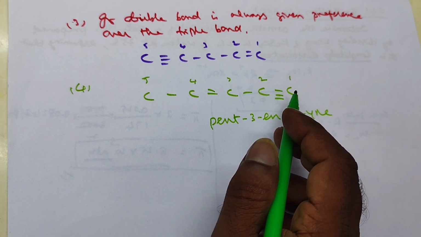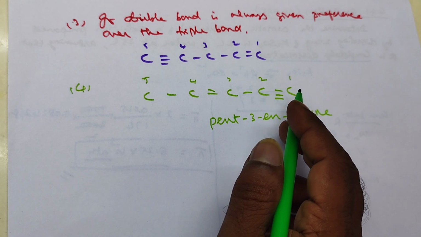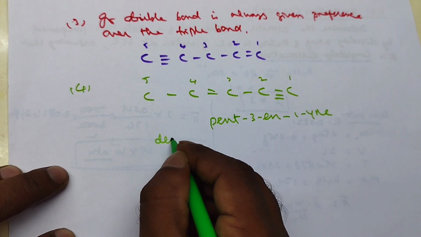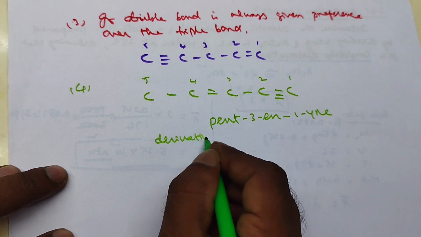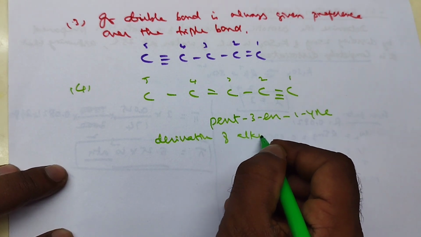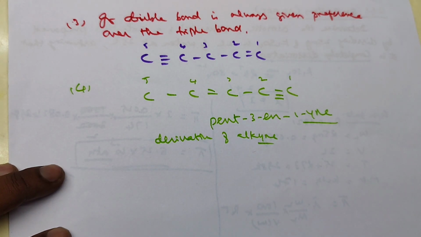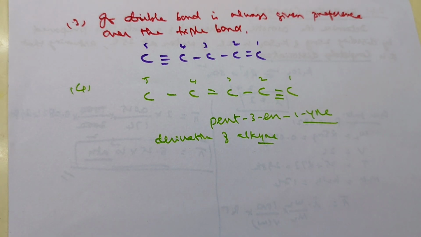So you have to follow the lowest set of locants rule, and here the organic compound is named as a derivative of alkyne. That means the alkyne should be the suffix. Okay, so based on these rules and regulations, we will discuss 1 or 2 compounds.